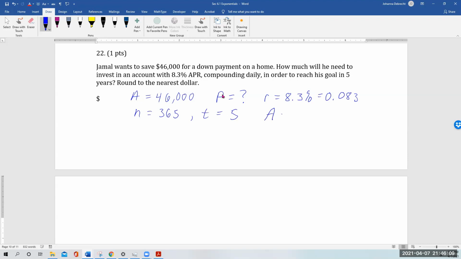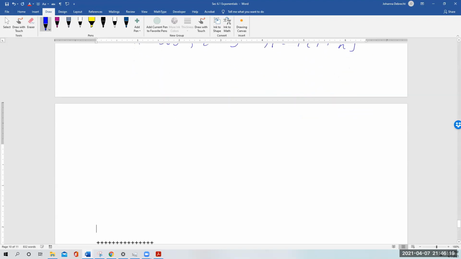Remember, the formula is A equals P times 1 plus R divided by N, all raised to the N times T power.